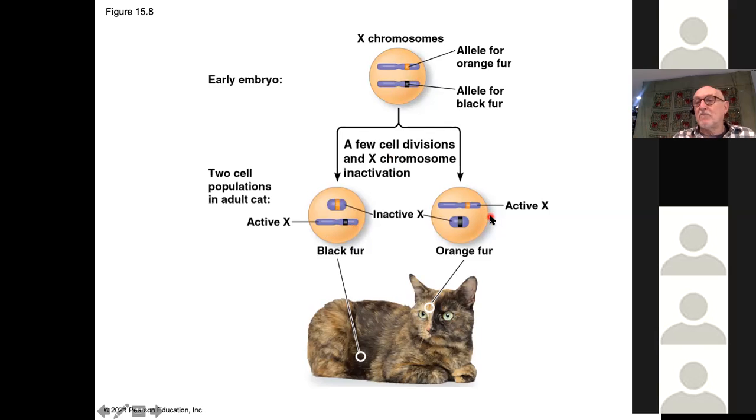This one here, some other cells, the orange is activated, the black is inactivated. Look at everything that arises from them: all the cells that arise from here produce orange fur, and all the cells that arise from here produce dark fur. And that explains this mottled color.